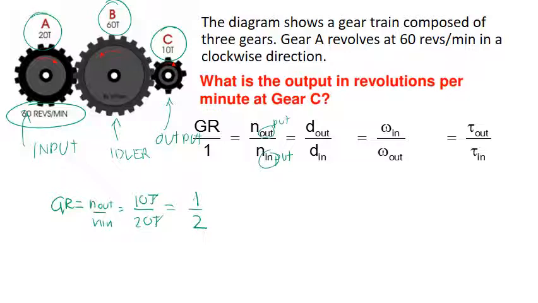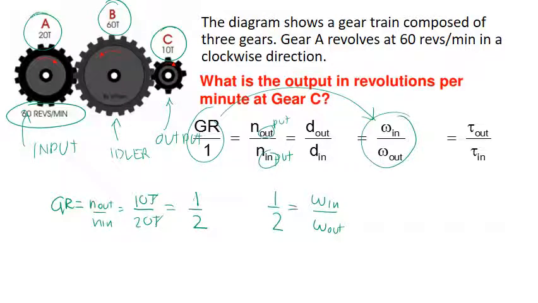Now if gear ratio is 1 to 2 and I have the revolutions per minute, but I'm trying to solve for the revolutions per minute of gear C, then I know I have to use this formula. Well, if these two are equal as well, now I can say that 1/2 is equal to angular velocity in over angular velocity out.